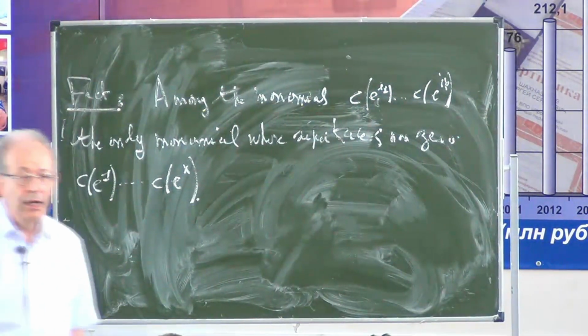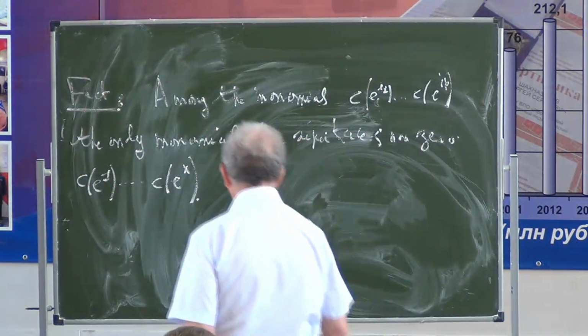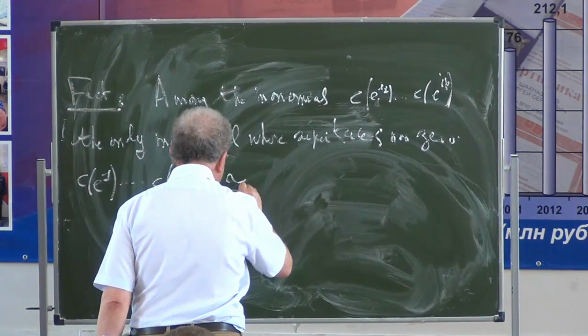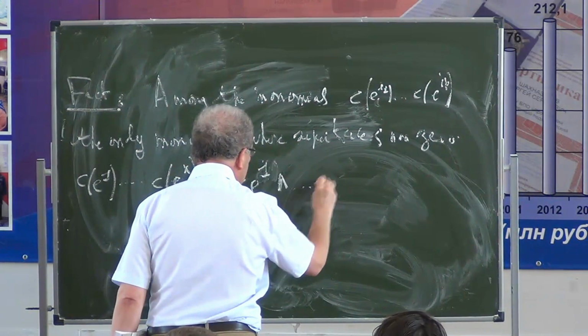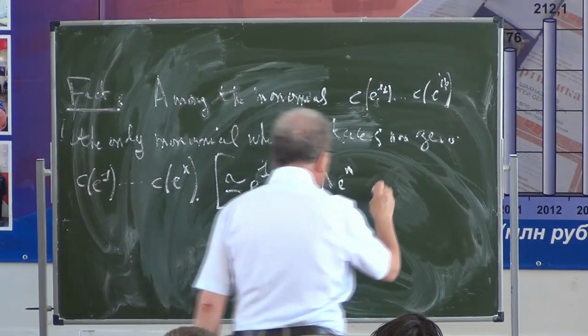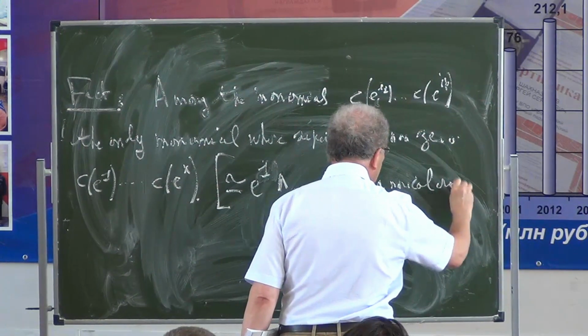So it is the monomial of maximal length which corresponds in the exterior algebra to e1 wedge e2 wedge ... wedge en, which is a canonical orientation form.